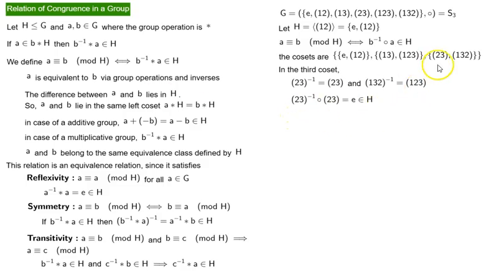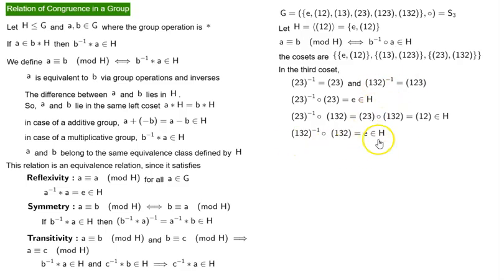So let's take it one by one. (2 3) inverse times (2 3) is e, which is in H. (2 3) inverse times (1 3 2), which is (2 3) times (1 3 2), is equal to (1 2). And (1 2) is in H. The inverse of (1 3 2) times (1 3 2) is equal to e, which is also in H. So take these two elements and their inverses and carry out these operations.